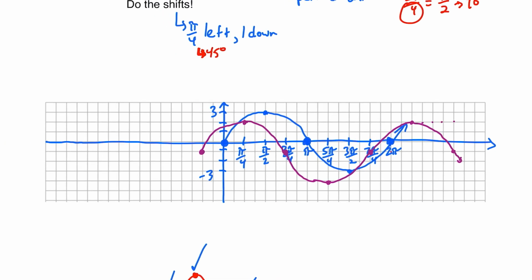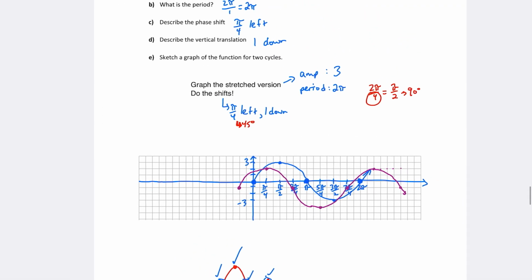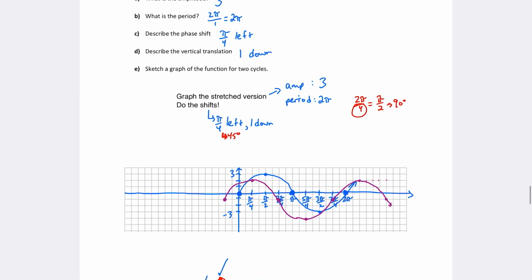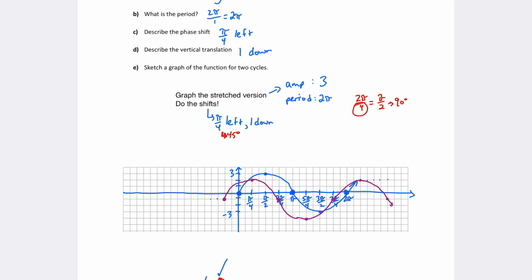The question asks for me to draw 2 cycles, so I'll just keep drawing this out. 1, 2, 3, 4. Now I should be at a minimum. 1, 2, 3, 4, and I should be in the middle. And there we go. That's 2 cycles there that we can see.